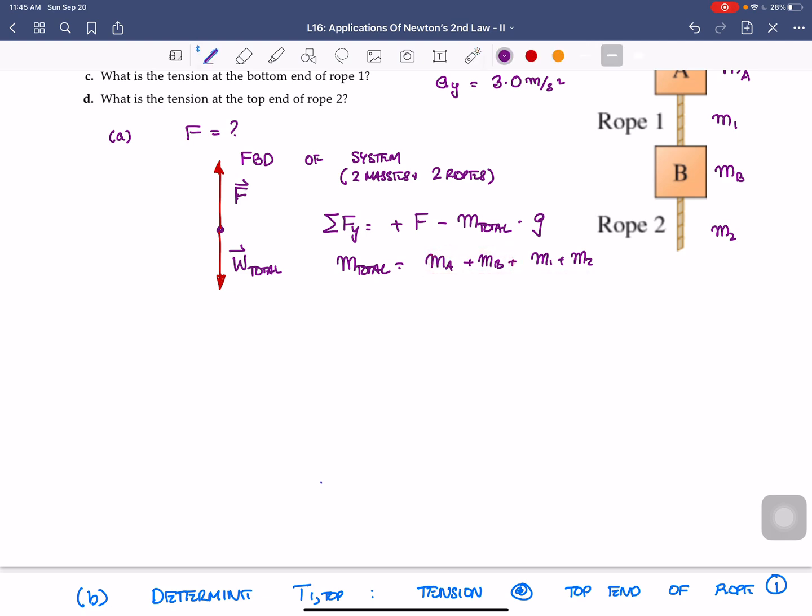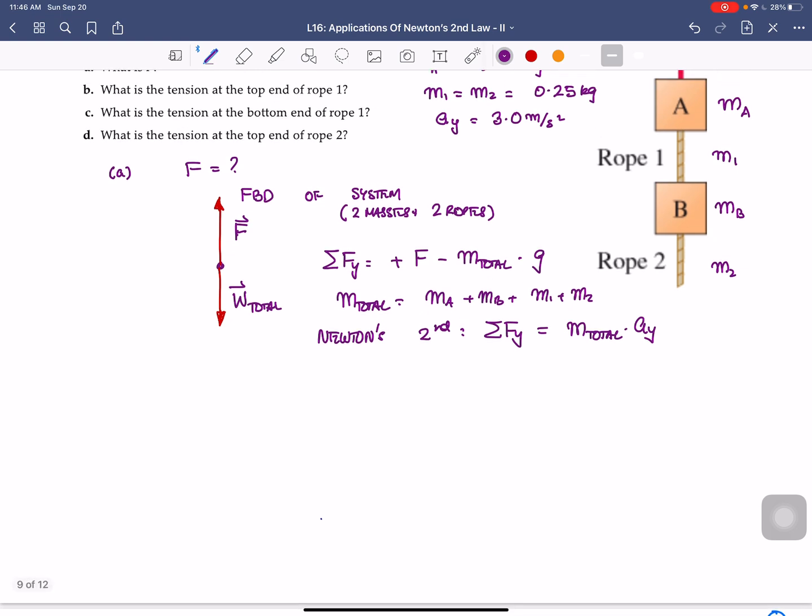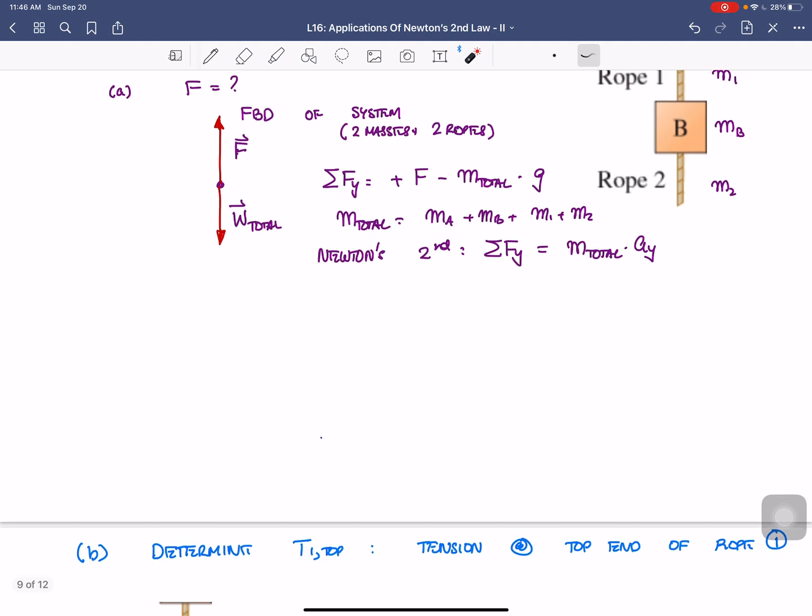And then we have Newton's second law, which says that the net force in the y direction is the total mass times the y component of the acceleration, which is given to be 3 meters per second squared. Combining all this, we have F minus M total times g equals M total times a sub y.